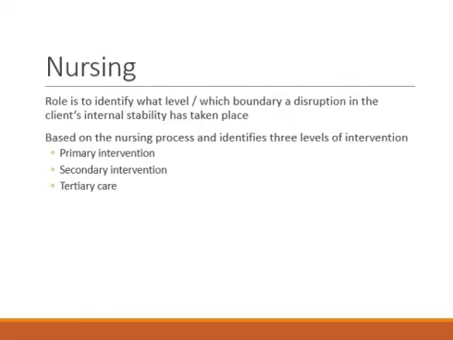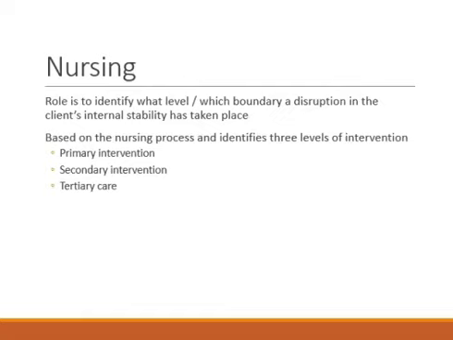So, many of the actions that nurses perform in the hospital or in a clinic, giving meds, teaching clients with cardiac disease, things like that, fall into this secondary intervention category. And then a tertiary intervention seeks to restore the client's system to an optimal state of balance by adapting to negative environmental stressors.